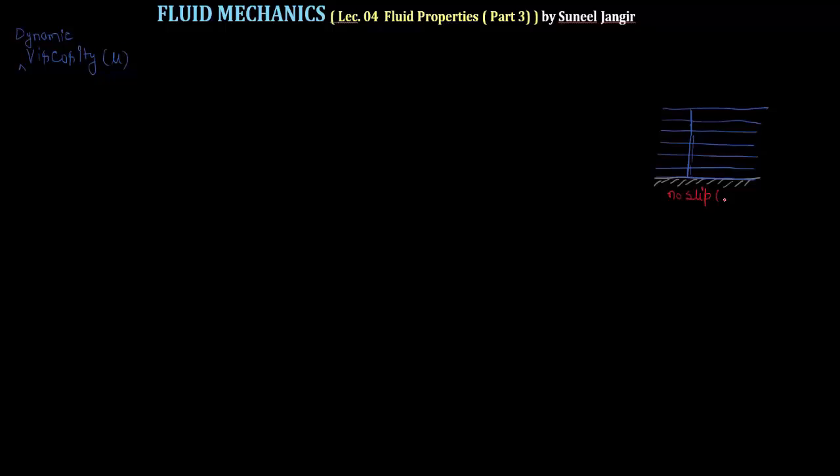No slip condition means the velocity of this layer is zero. And the topmost layer, as there is a flow here, is flowing with some velocity v. So over this cross section, this layer has zero velocity and this layer has velocity v.